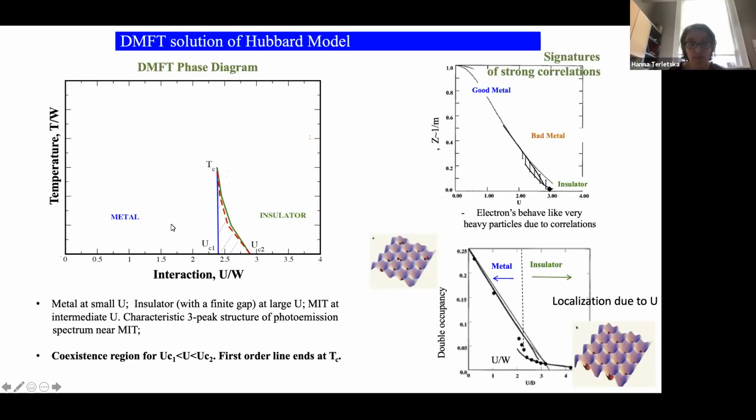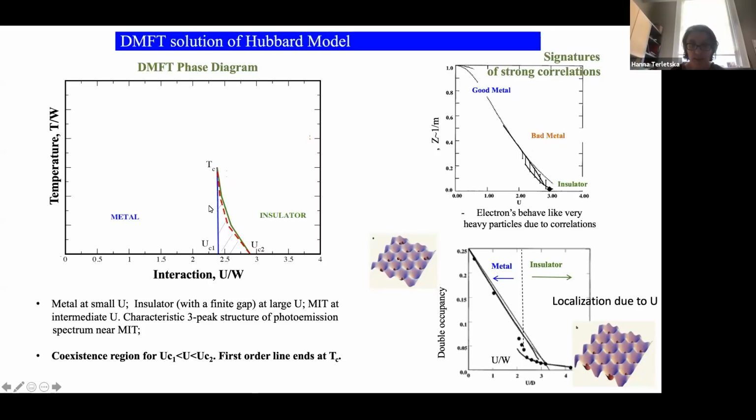In this coexistence region, if you go from a metal, we will find the metallic solution up to this spinodal point, and after that the system becomes an insulator. When we go the other way, if you start from the insulating solution, we will have the insulating solution up to this point, and then the system becomes a metal. So in this coexistence region, we could have different solutions depending on which initial solution is used in our analysis.